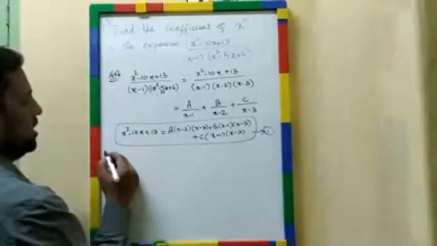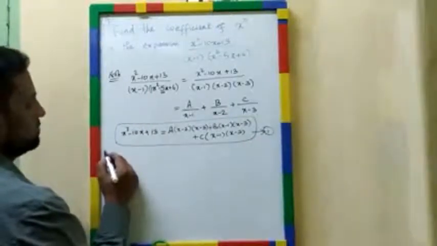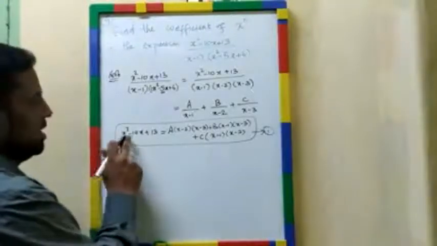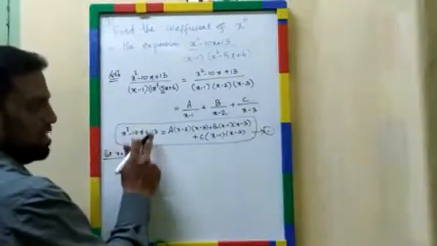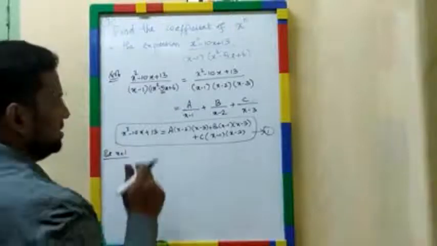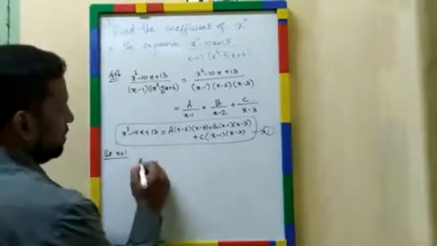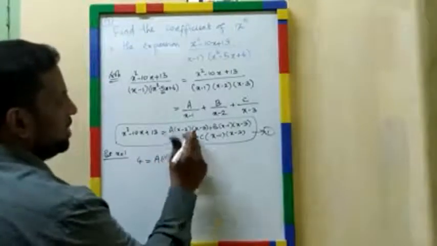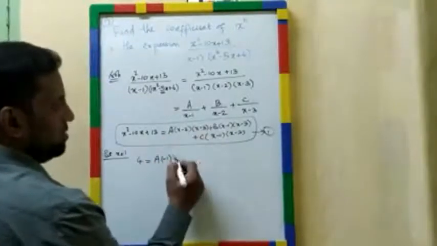Now put x equal to 1. We get 1 minus 10 is minus 9, minus 9 plus 13 is 4, equal to a into (1 minus 2) into (1 minus 3), which is minus 1 into minus 2.